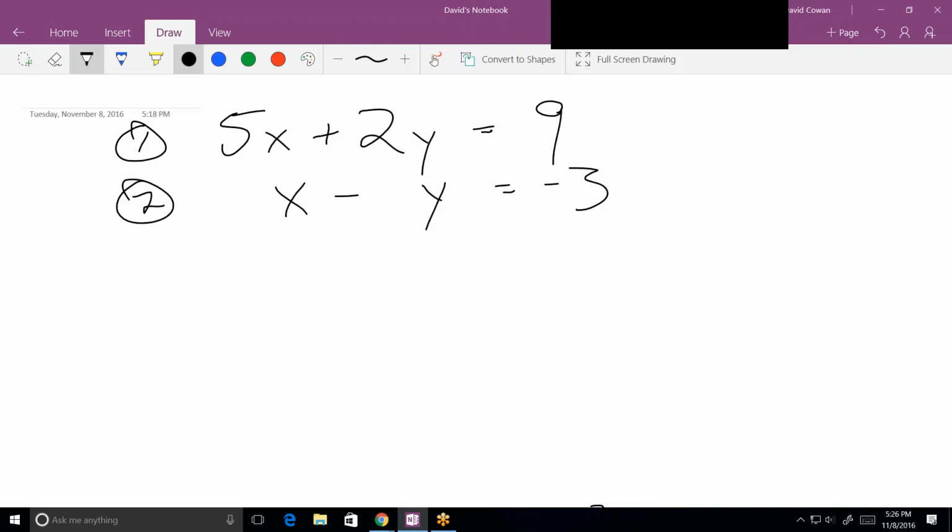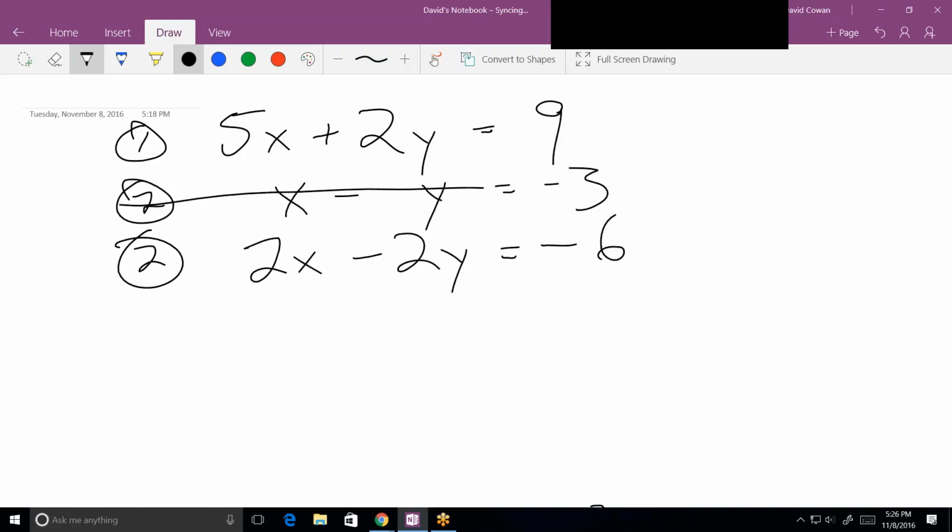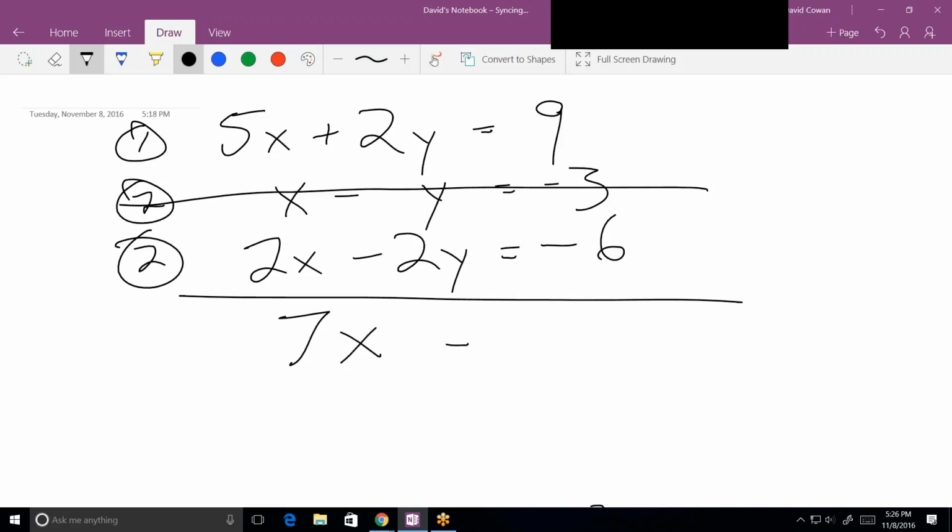Then it becomes 2x minus 2y equals -6. Now we have a new equation 2 that I can add to equation 1 and eliminate a variable. 7x equals 3. See how powerful that is?